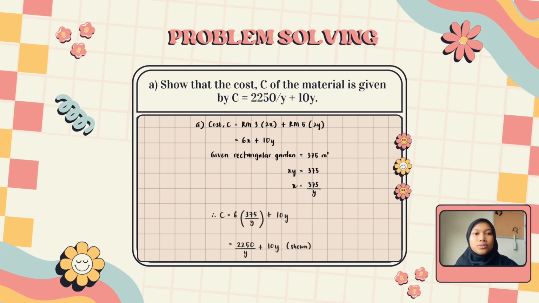Substitute it, so x equals 375 over y. So the conclusion is cost equals 6 in bracket 375 over y plus 10y. It will become 2,250 over y plus 10y, and it will show the answer.